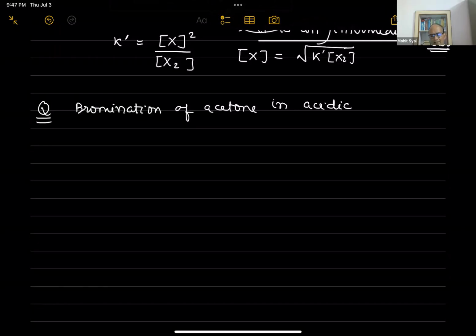Bromination of acetone in acidic medium is represented by the following equation.